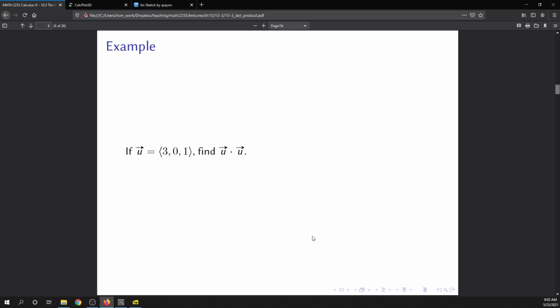All right, so the next example for the dot product is this one. If the vector u is equal to the vector 3, 0, 1, we want to find u dotted with itself.